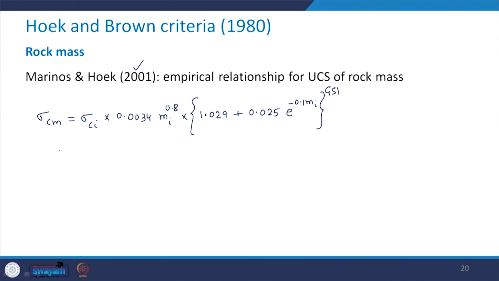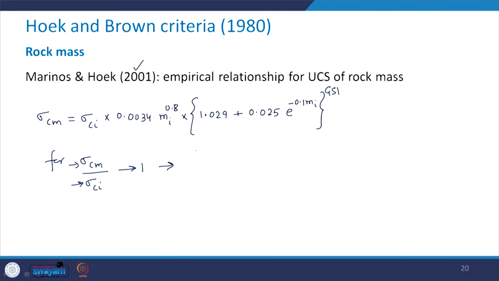So, for sigma cm upon sigma ci tending to 1, what does that mean? That the UCS of the intact rock and UCS of the rock mass are equal to each other.